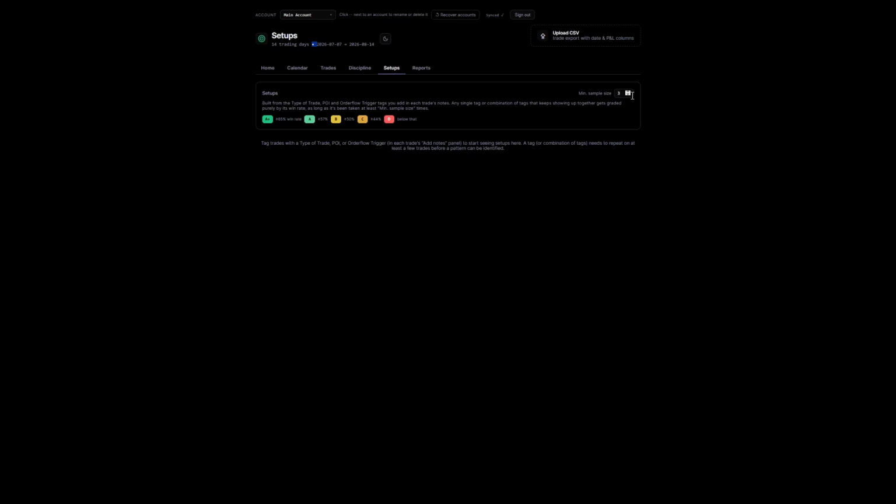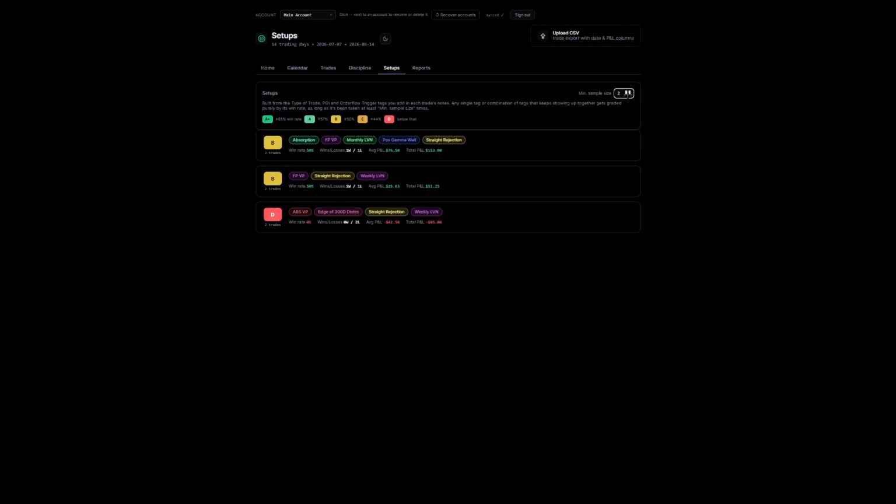And then setups. This is something as well that I need more data on. On this account only, I don't have enough data, but this just shows me what sort of pairings, in terms of what confirmations, what levels, if it was a break and retest, if it was a straight rejection, what macro environment we were in when I took these setups, and it basically ranks them as an A plus setup, B plus setup, C plus setup, D plus, etc. So I need more information on that.